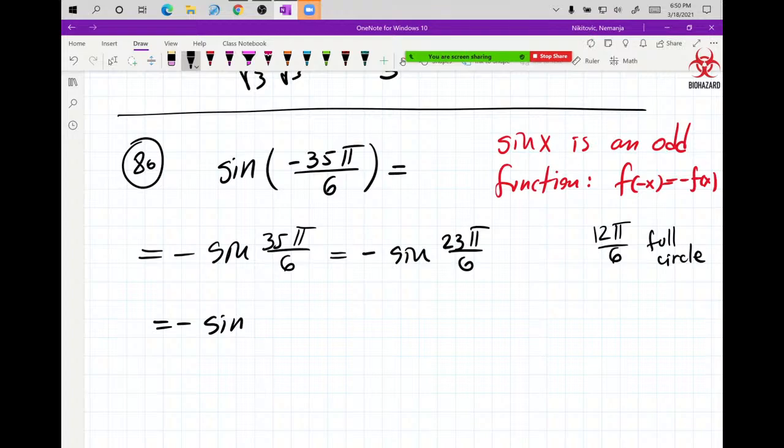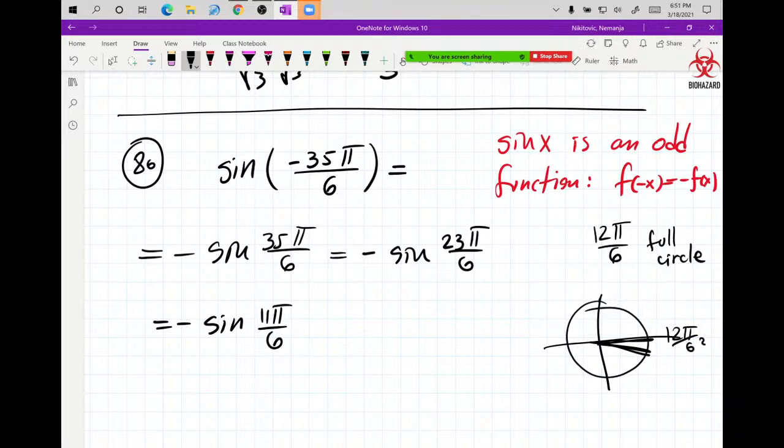That's going to be sine of 11 pi over 6. Well, 11 pi over 6 is just 1 pi over 6 away from 12 pi over 6. You already know that 12 pi over 6 is 2 pi, and 11 pi over 6 is 1 before. So this is negative sine of a single pi over 6 as a reference angle, because that's the separation.